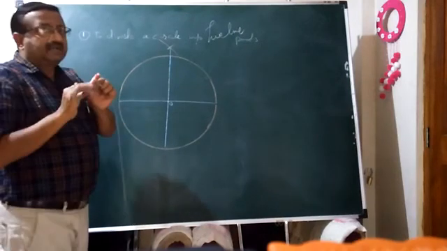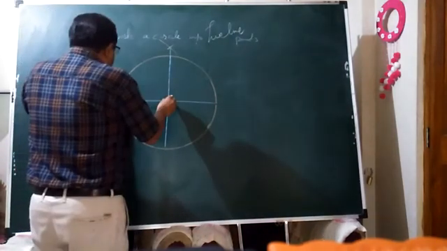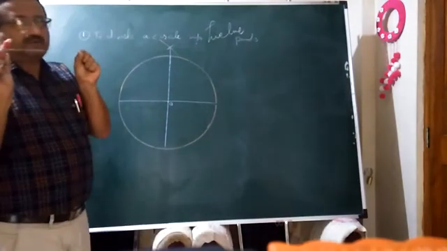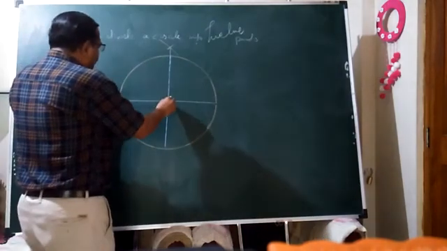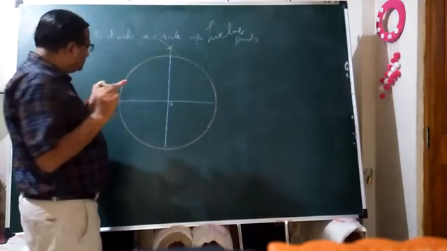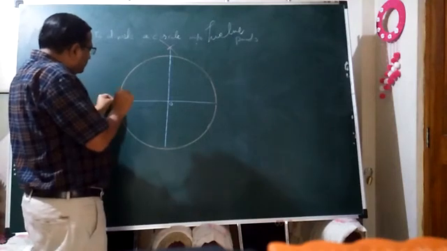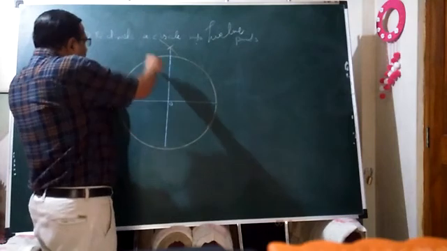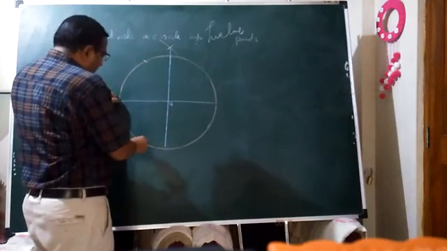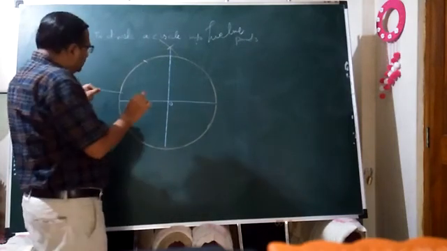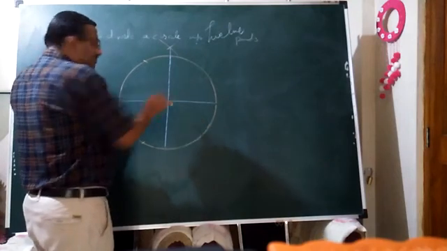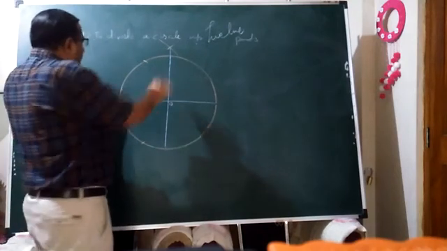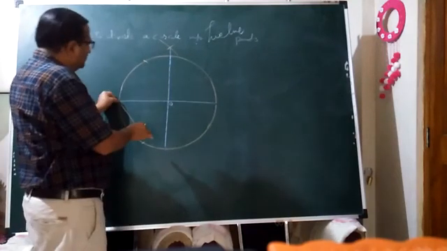I am just picking the radius in compass. What I have done? This radius I have picked in compass. Now, just observe carefully. From this point, I am going to get 2 arcs on this periphery. First arc, second arc. From here, I have taken 2 arcs in this way.